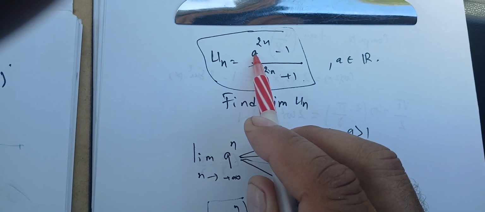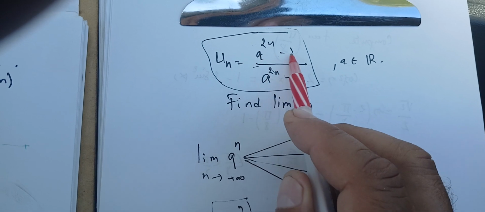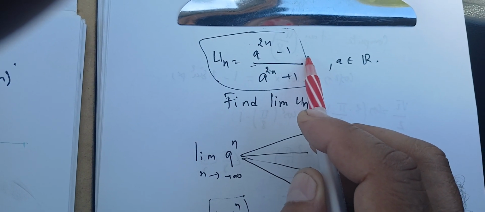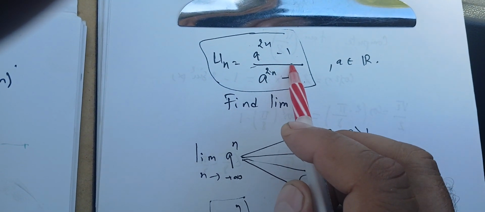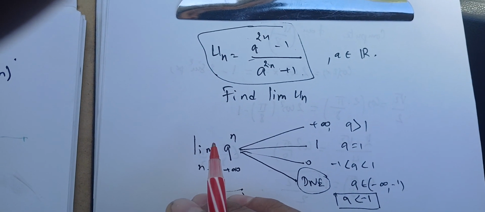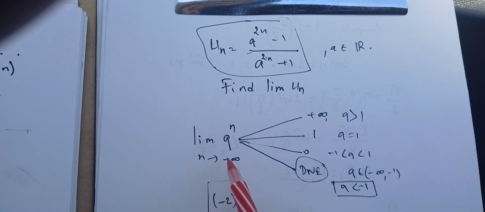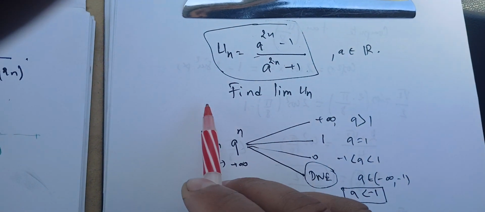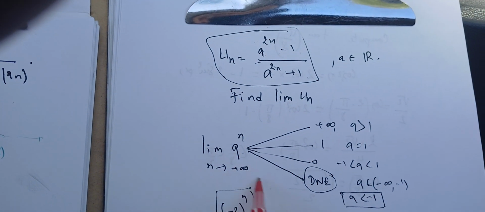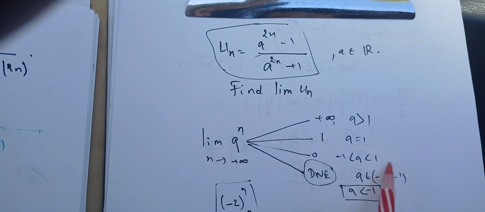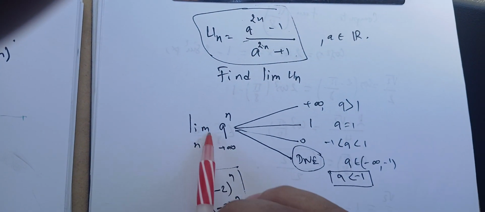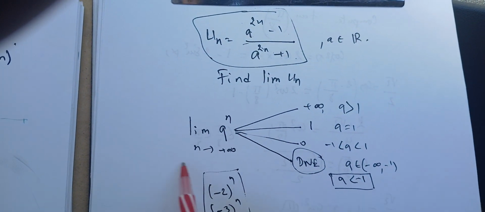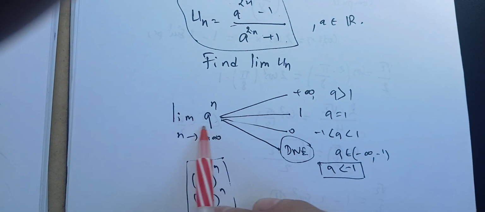We can let a be bigger than 1, we can let a be between minus 1 and 1, and we can let a be less than minus 1. We're going to use this fact, or just remember it. By the way, try to know this one and know its proof and remember it by heart. You will see it when you deal with geometric sequences or series. This is good to know.